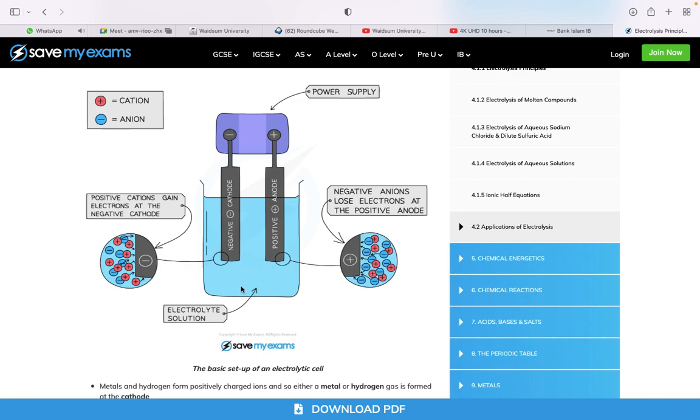In this case, let's say lead, assuming we are doing lead bromide. Lead has 2+, Pb with 2+ on top of it. That lead will be the one that will be attracted to the negative electrode. You remember, positive is always attracted to negative.